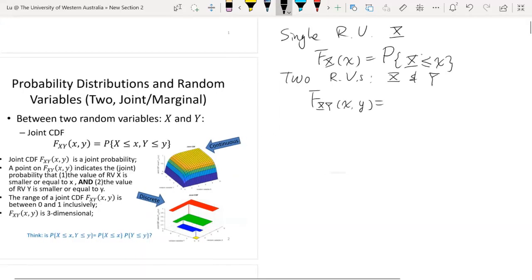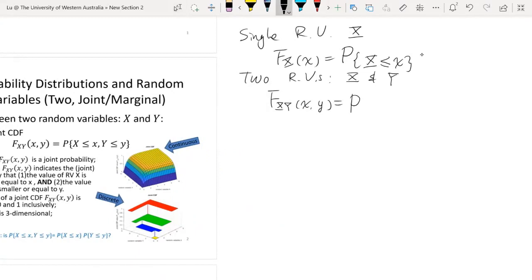So we define the joint CDF F_XY(x, y) equals another probability. But in this case, because we have two random variables involved, this will be a joint probability, or in other words, the probability evaluation for a joint event. The first event is that the value of the random variable X is smaller or equal to the given parameter x.